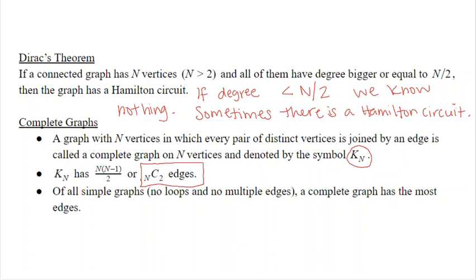The other thing that we know about complete graphs is if we're only looking at simple graphs, meaning we have no loops and no multiple edges, a complete graph has the most edges. So for example, the complete graph of 4 vertices has 6 edges. So a simple graph with 4 vertices can have at most 6 edges.